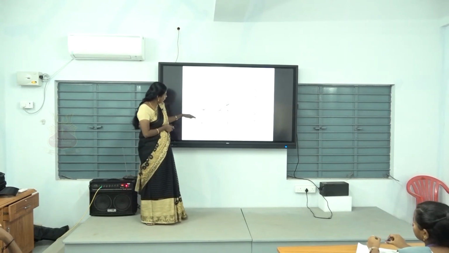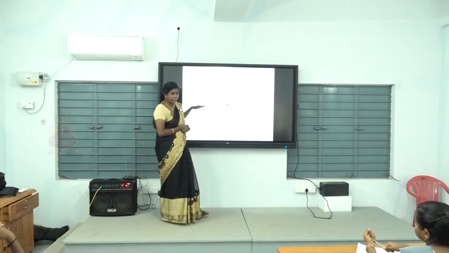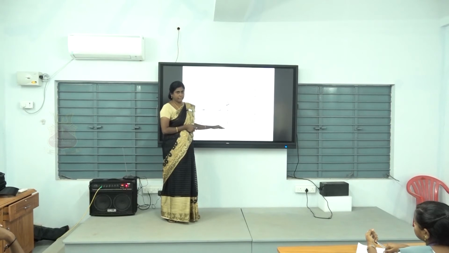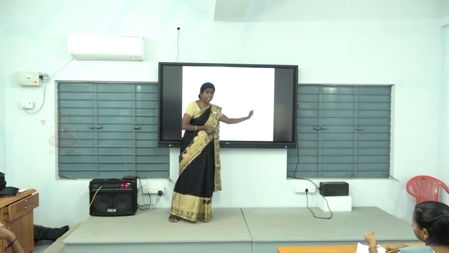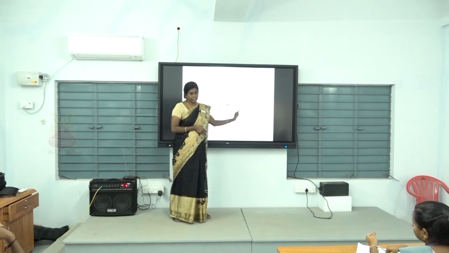Okay, here this is the fixed cost line, which is shown parallel to the x-axis. Here the fixed cost line is a straight line because fixed cost remains constant.